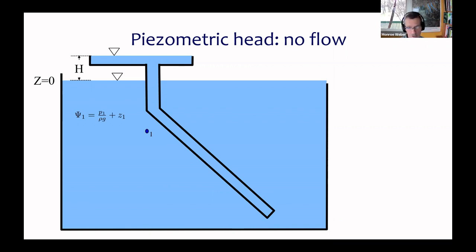And now, what happens as we come down? P1 is equal to negative rho g times z1, because pressure equals rho g h, and that height difference is negative z1. So that means that piezometric head is 0.